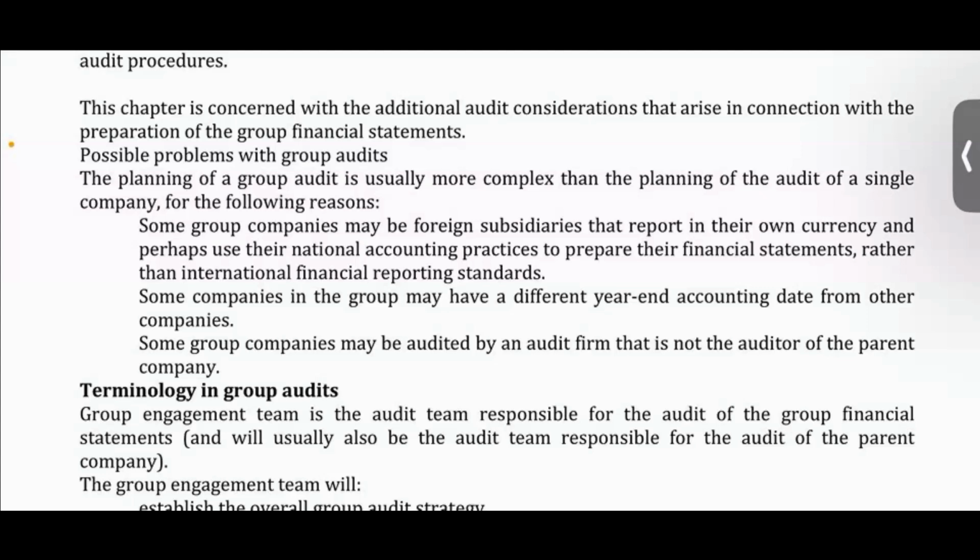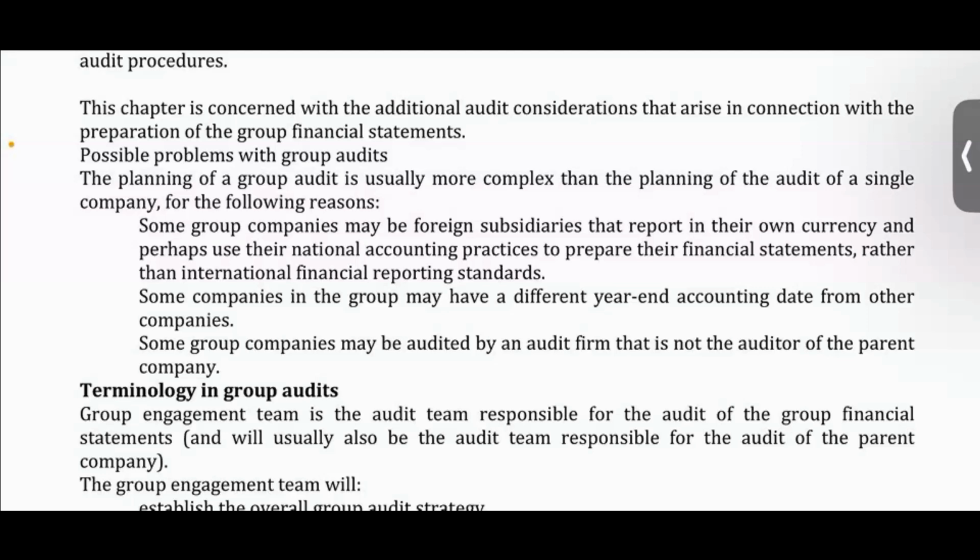Then we have the second reason, which is that some companies may have foreign subsidiaries that report in their own currency. Now what you are responsible for is basically putting all those subsidiaries that have different currencies together into a report, and then making sure that it meets the demand of the International Financial Reporting Standards, which is the IFRS.